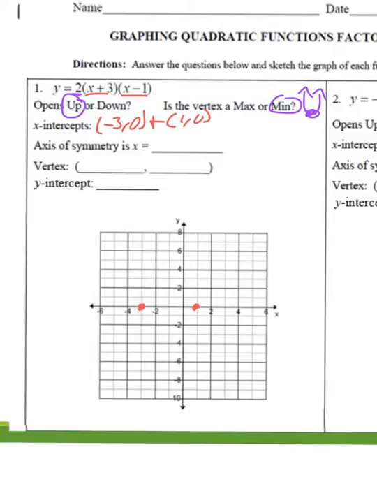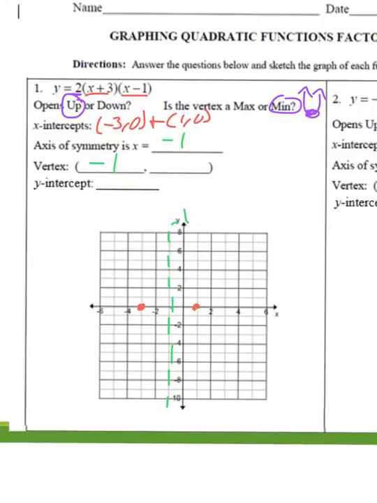Alright, so I have 1, 2, 3, 4 boxes in between. So halfway would be right here, which is going to be at negative 1. So our axis of symmetry, x equals negative 1, which is also our x value of our vertex.